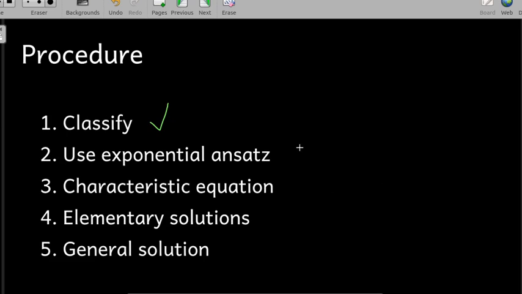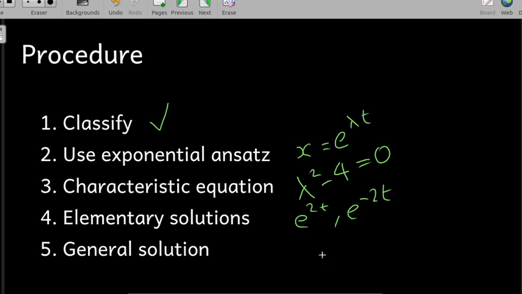Then we used the exponential ansatz, x equals e to the lambda t, and that led us to the characteristic equation, which was lambda squared minus 4 equals 0, with the roots being plus or minus 2. That gives us the elementary solutions, e to the 2t and e to the minus 2t. And finally we get to the general solution, a e to the 2t plus b e to the minus 2t. Okay, so that's the method, and that's how it works through in this example.